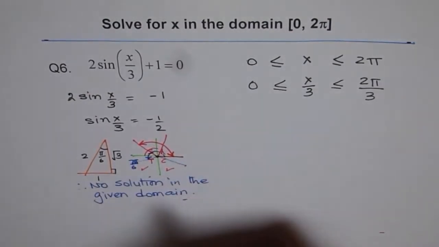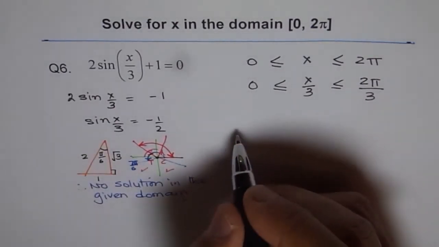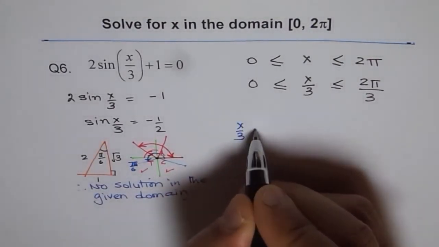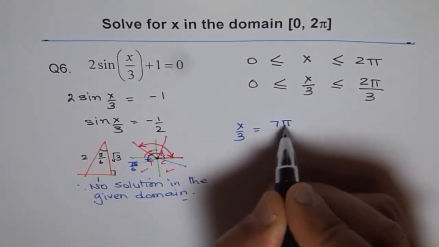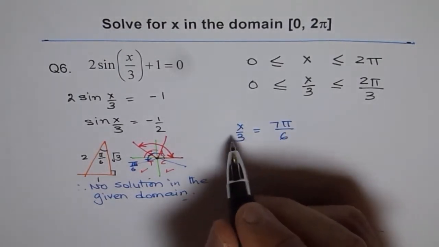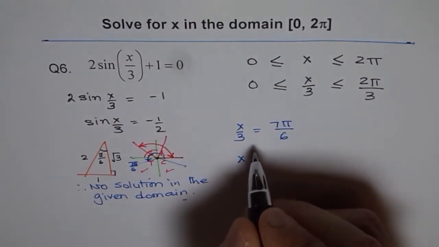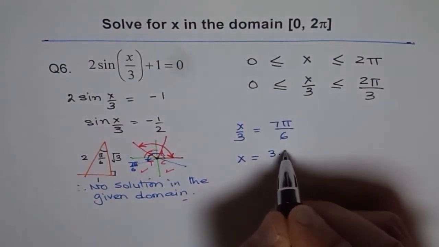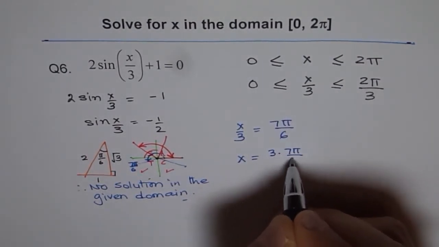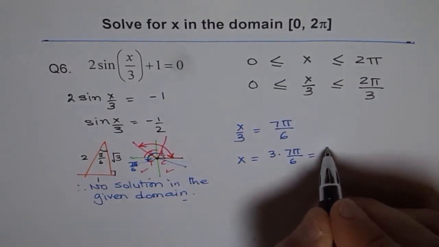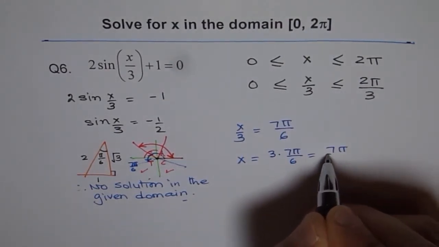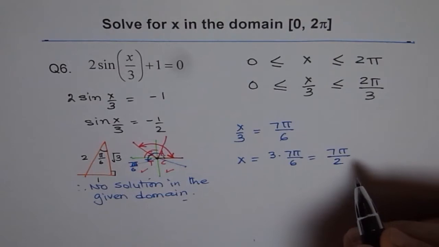This is 6 pi by 6. Now I will write x over 3 equals 7 pi by 6. Now if x over 3 is 7 pi by 6, then x is equal to 3 times 7 pi by 6, correct? Which is 7 pi by 2, correct?